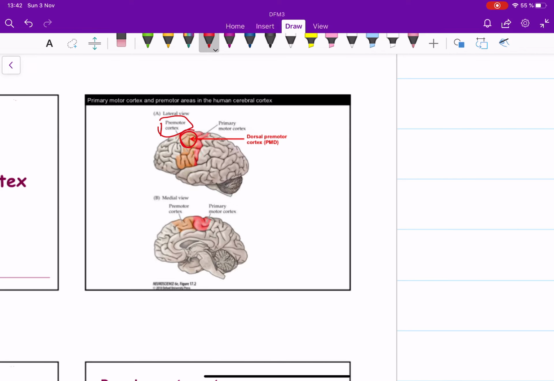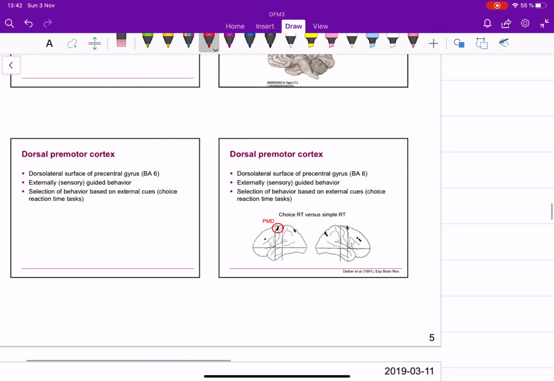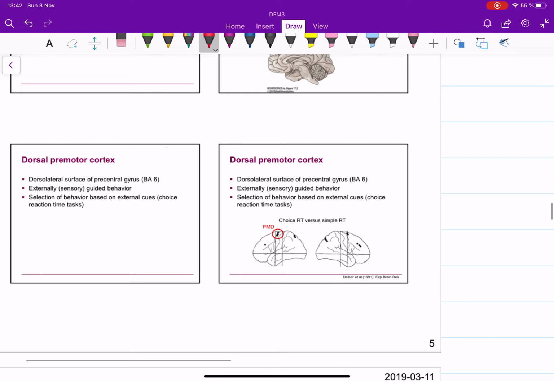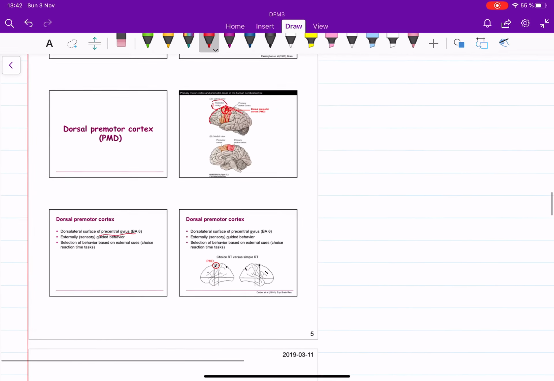It is located in the dorsal lateral surface of the precentral gyrus. This is the precentral gyrus with the dorsal part here. Imagine that the brain here, that's the top of the brain, so here it's a dorsal view.